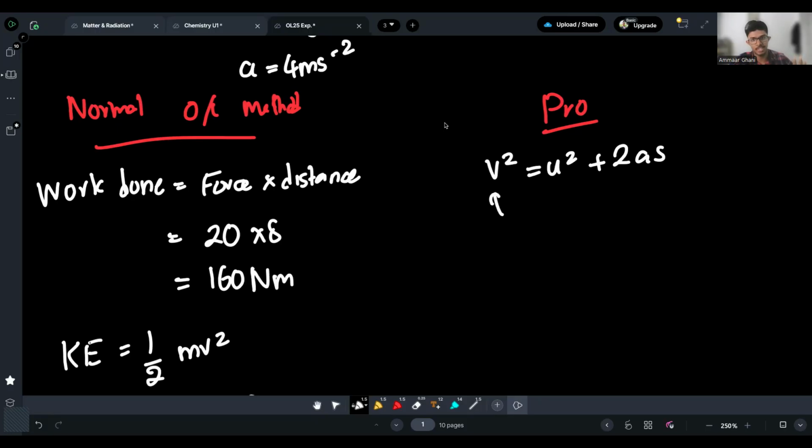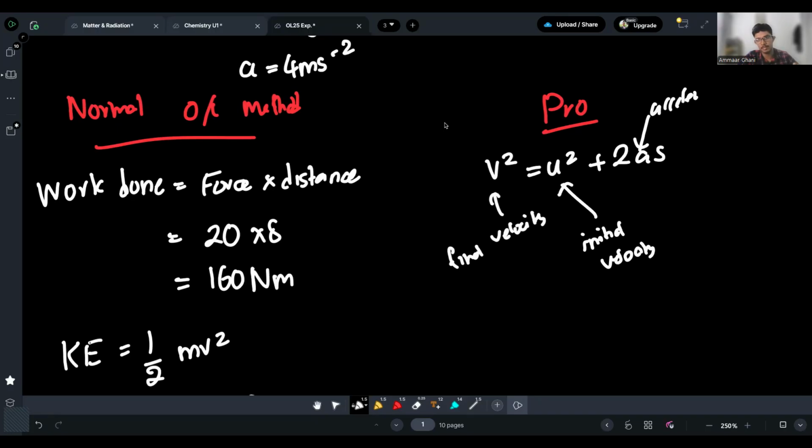In which v is the final velocity, u is the initial velocity, a is acceleration, and s is displacement. If you're asking me to list the other equations, there are v equals u plus at, s equals half u plus v t, s equals ut plus half at squared. If you want more, I think it's available in our short note, but this method is not in your O-levels. Only use it if it's for an MCQ.